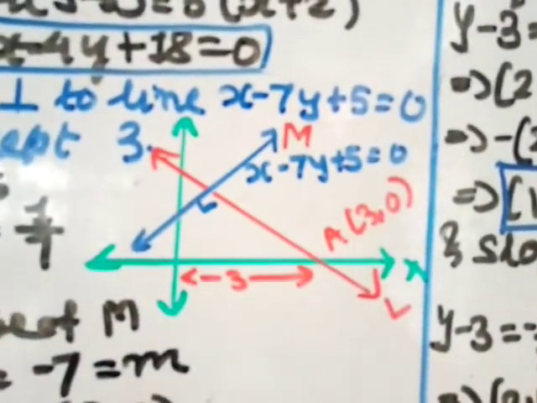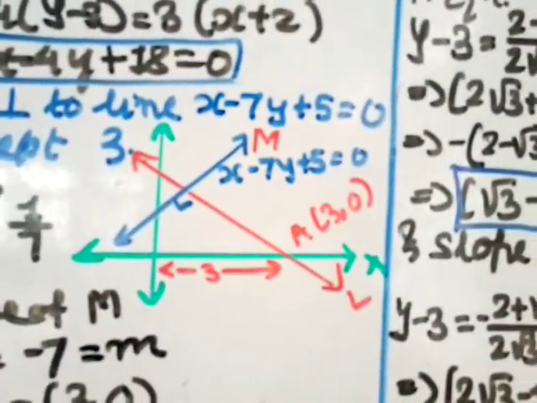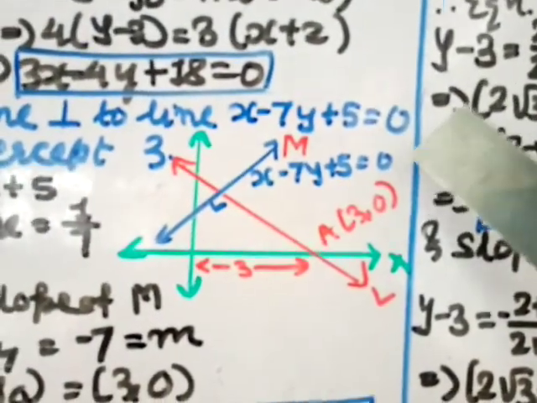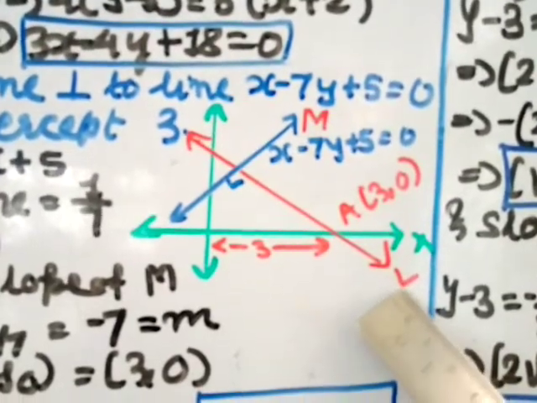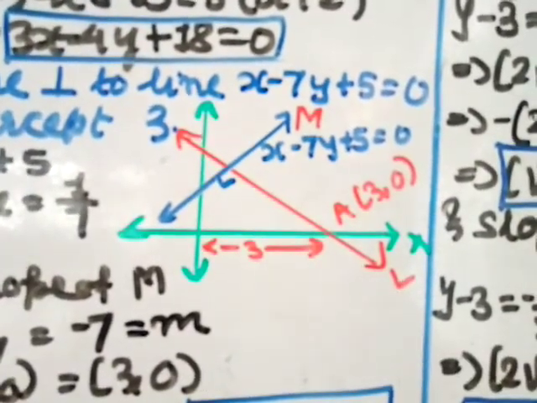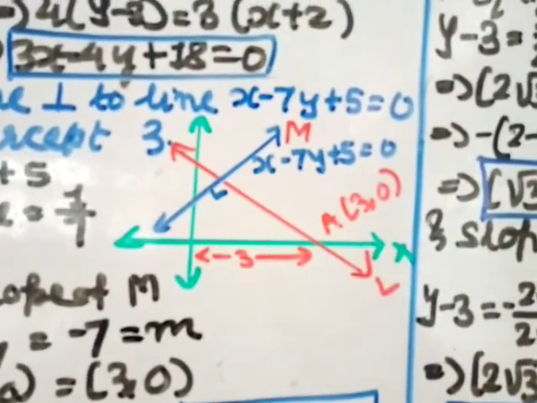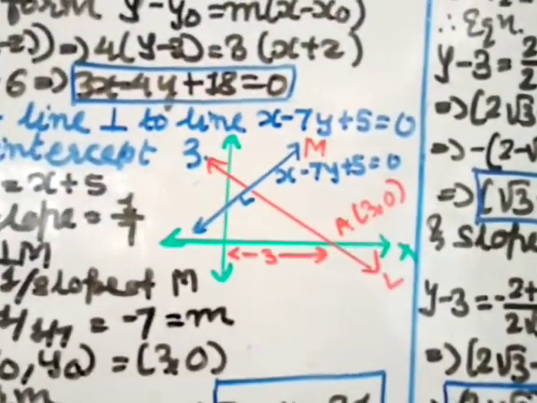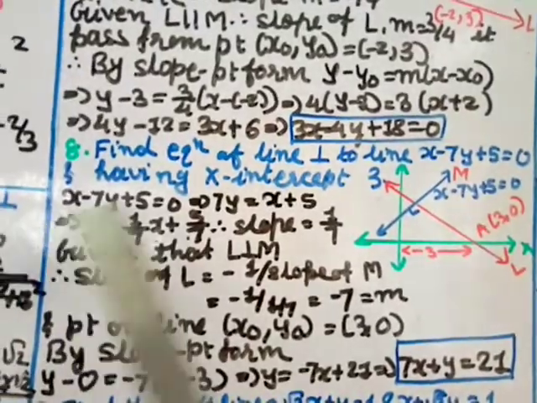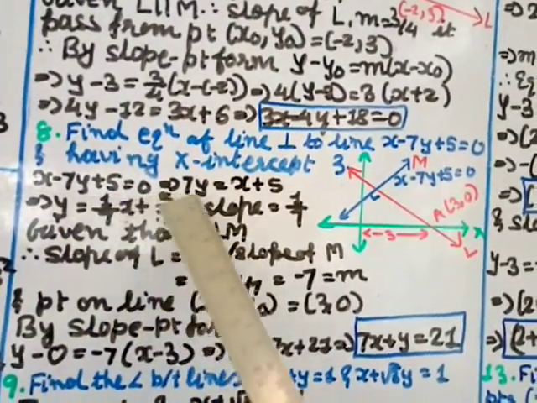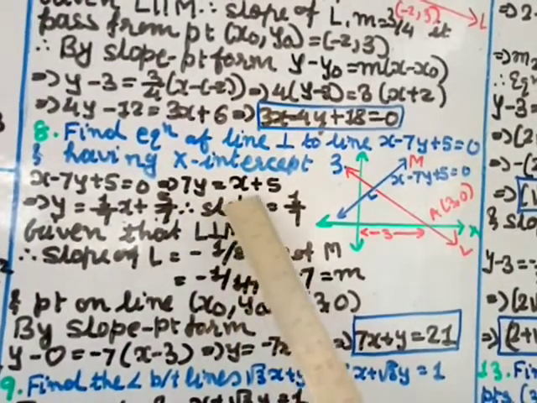If two lines are perpendicular, then the product of the slopes is minus 1, or you can say that if the slope of this is m1 and this slope is m2, then m2 will be equal to minus 1 by m1. That is the relation between the two slopes if the two lines are perpendicular to each other. Here the line M is given to us, x minus 7y plus 5 equal to 0, implies 7y equal to x plus 5.